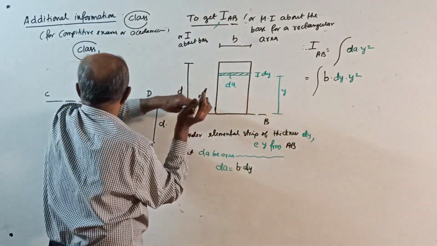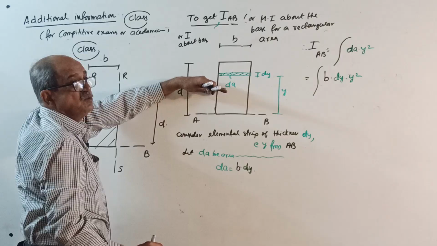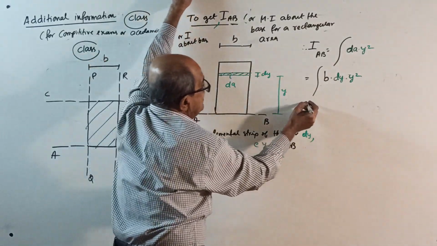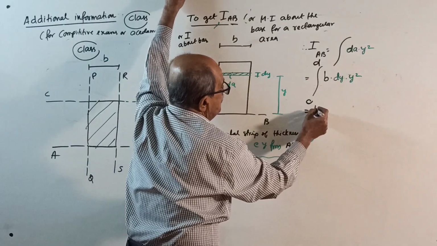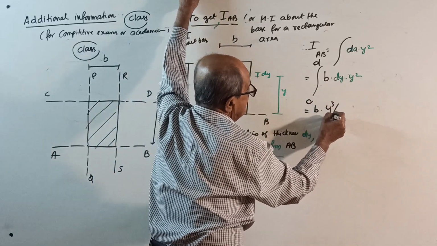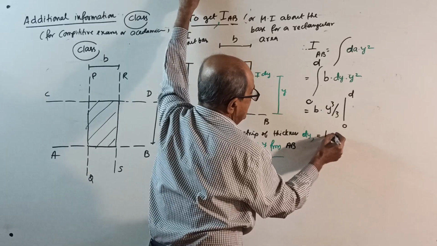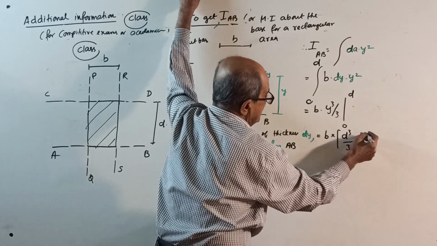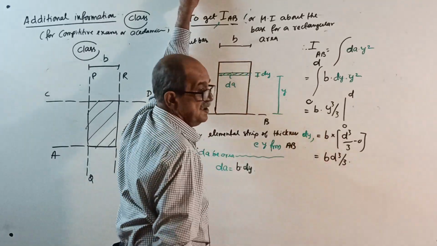Last time it was minus d by 2 to plus d by 2, or 0 to d by 2 into 2. Now it is not that way. Here to here is 0 to d. So equal to B into y cube by 3 from 0 to d, or equal to B into upper limit d cube by 3 minus 0, or equal to bd cube by 3.